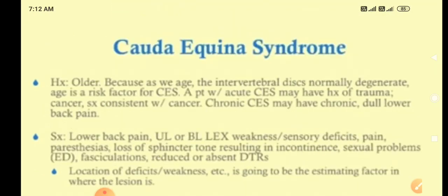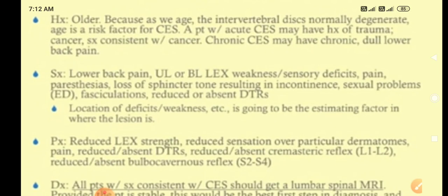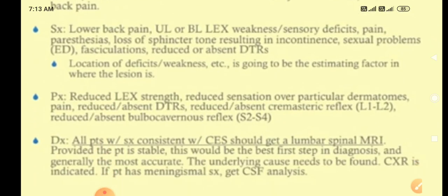Now, Cauda equina syndrome history: older age, because as we age, the intervertebral disc normally degenerates. Age is a risk factor for Cauda equina syndrome. A patient with acute Cauda equina syndrome may have a history of trauma, cancer, or surgery consistent with cancer. Chronic CES may have chronic dull lower back pain.